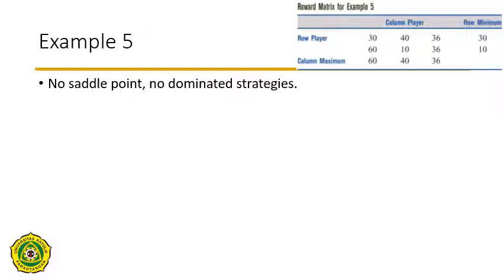Okay. So to formulate the linear programming model for the row player, let's start by, as usual, thinking that the row player cannot control whatever strategy is played by the column player.